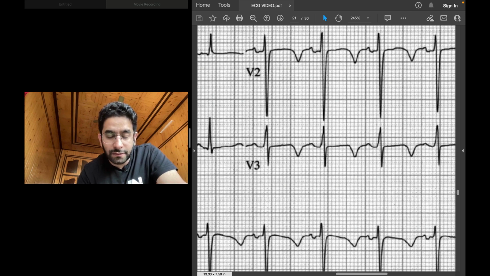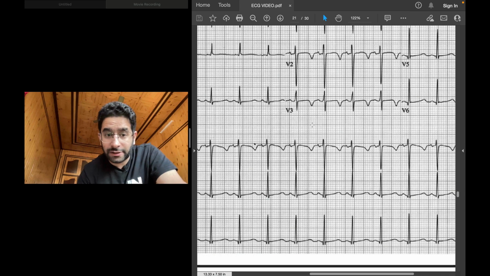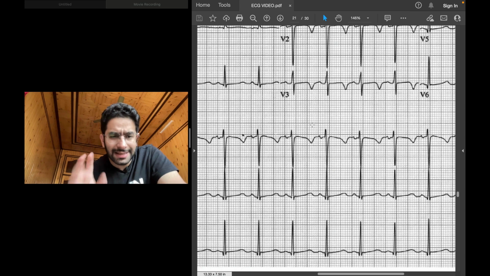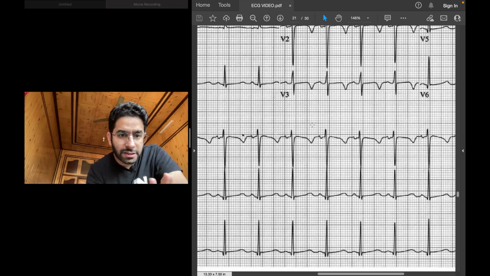From the onset of the QRS complex to the end of the T wave, you measure this interval. Then you divide it by the square root of the RR interval. There's a formula, Bazett's formula, that you know for calculating the corrected QT, and a rough value of 470 or 480 is what you remember, and anything in excess of that is a prolonged QTc.